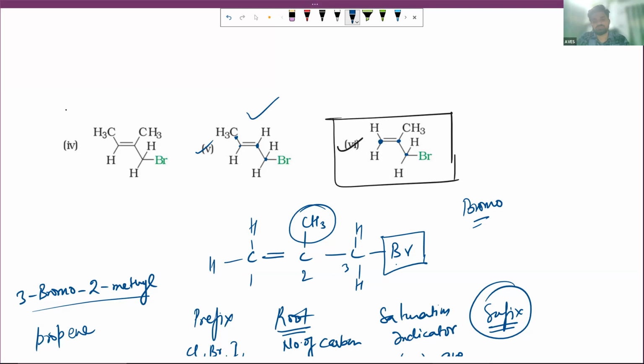Let's move further. The compound can be written and their name can be written this way. If their name is written, will you be able to draw the structures of the compound?